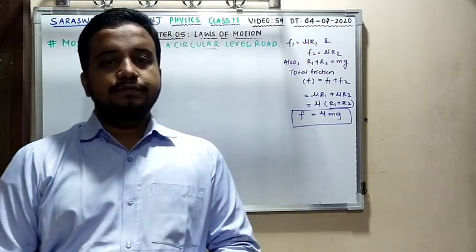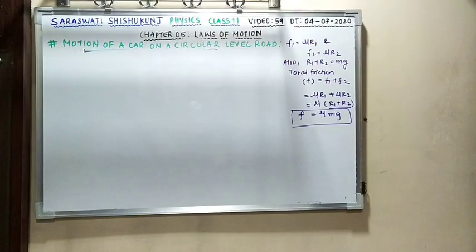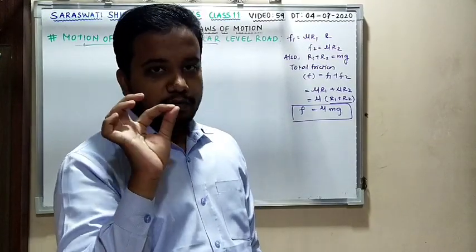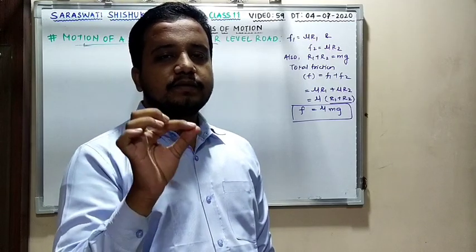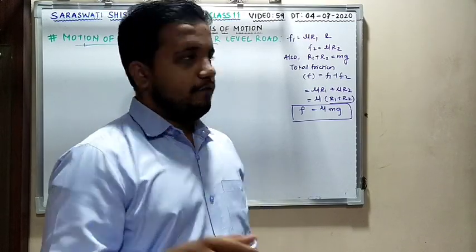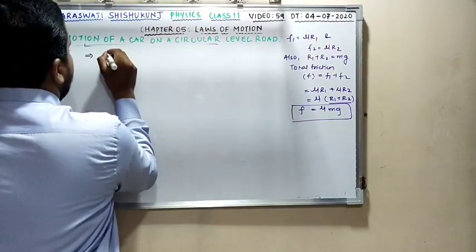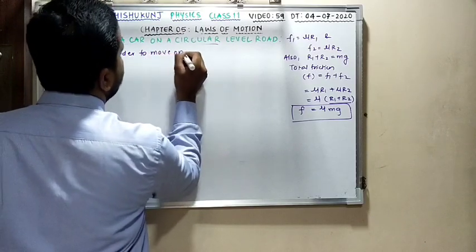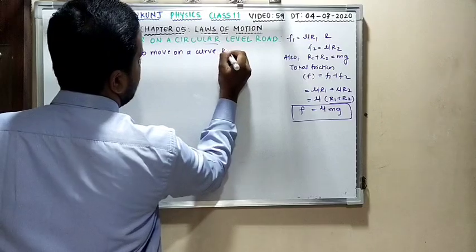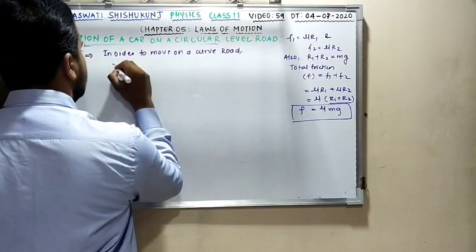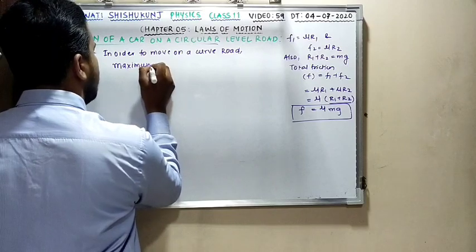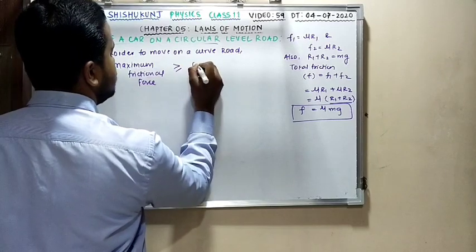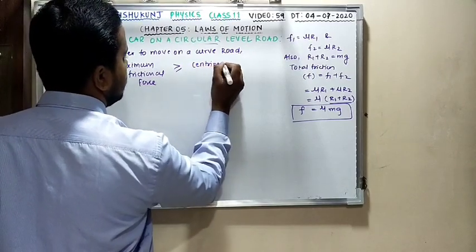For a car moving on a curved road, one important point is that the maximum static frictional force must be greater than or equal to the centripetal force. So in order to move on a curved road, there is one condition: the maximum frictional force must be greater than or equal to the centripetal force.